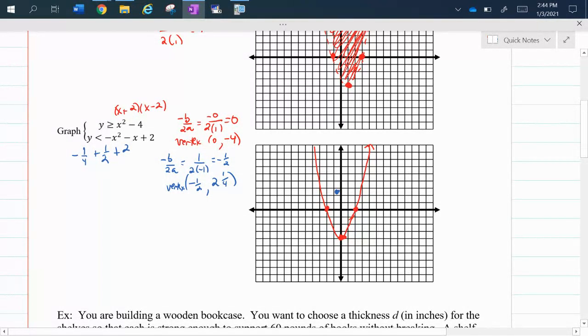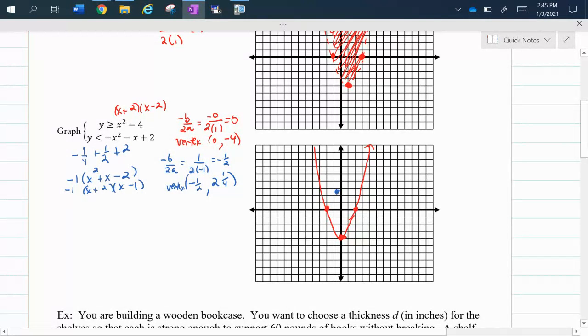This one opens down. So I'm going to factor out that negative to see if I can factor this, and I think I can get my zeros. Let's see, the factors of negative 2 that add up to 1 are plus 2 and minus 1.